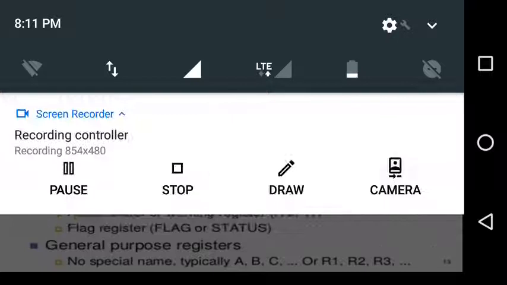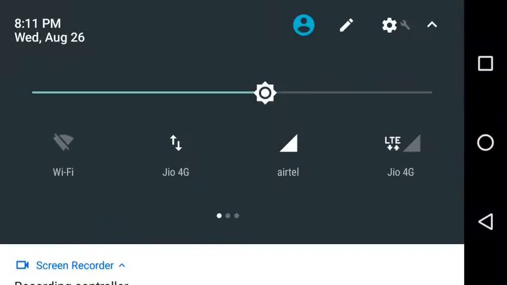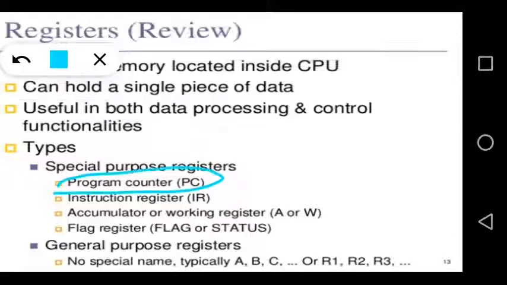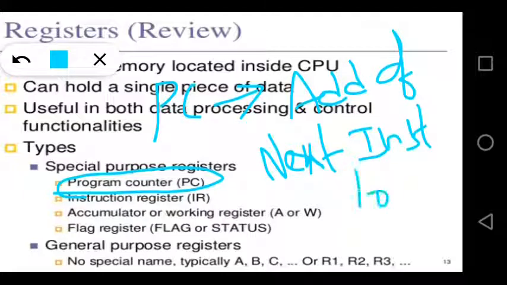The program counter register is used to store the address of the next instruction to be executed.